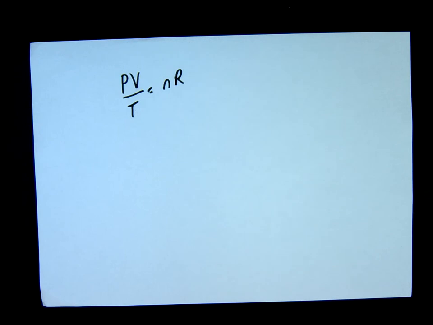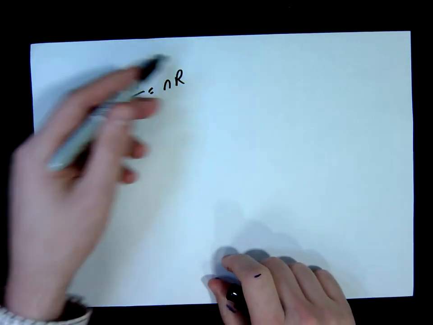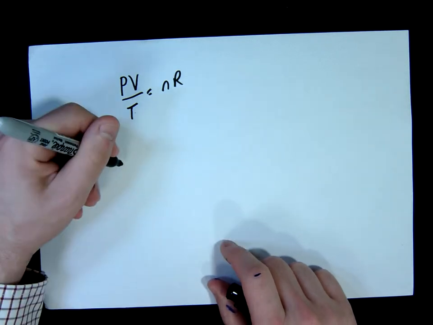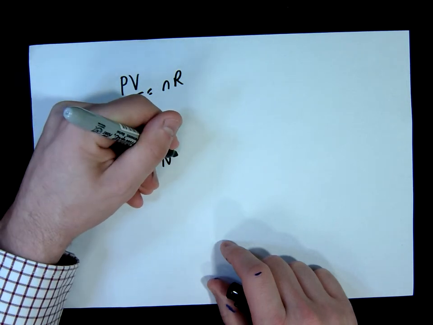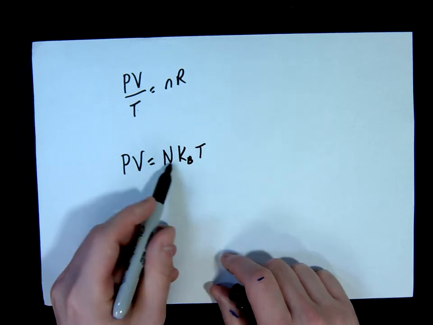One last thing here is to look at alternative representations of the ideal gas law. You could have PV equal to capital N k_B times T, instead of writing nRT.